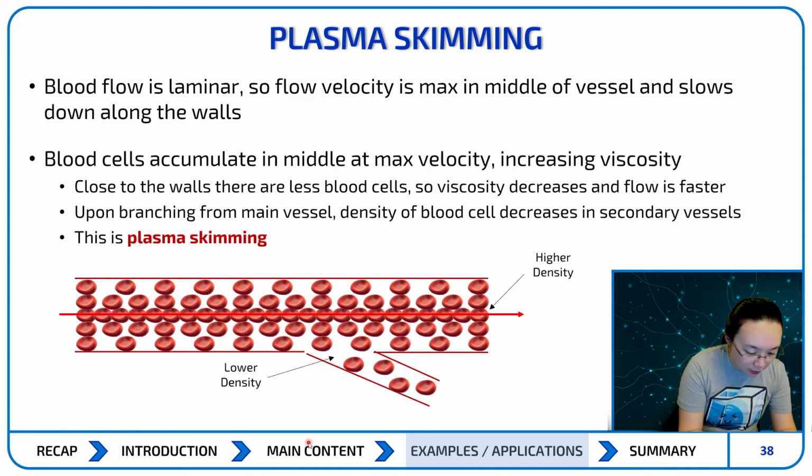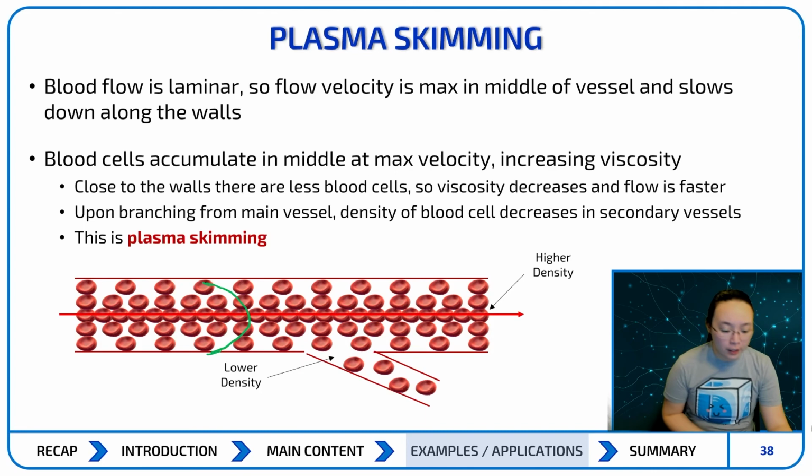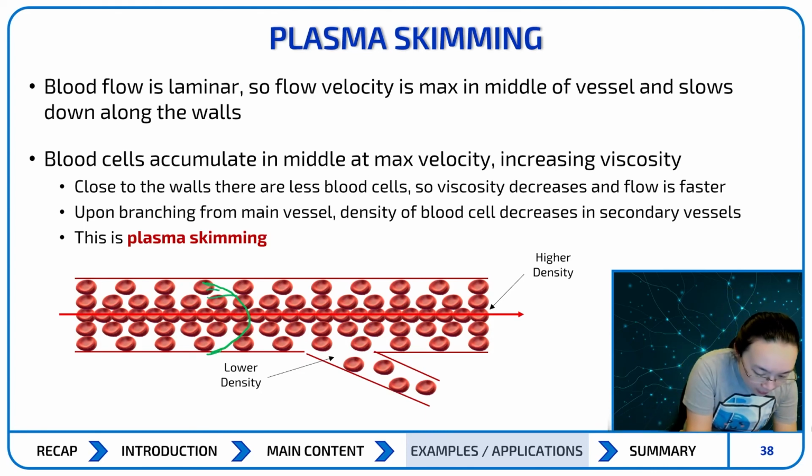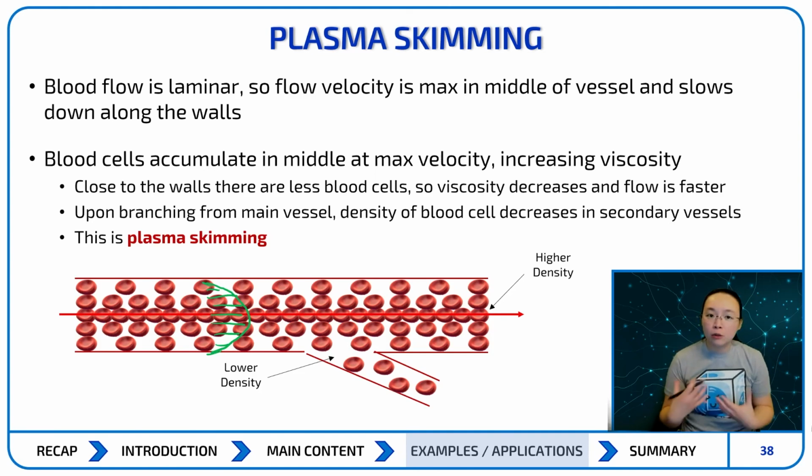So if I draw over here, do it in green, let's say we have a typical parabolic velocity profile over here, which means the speed of plasma in this case is going to be the greatest in the center, or at the central axis. Now, because of the greater amount of speed, one of the things about blood is that it isn't just made up of plasma, it's also made up of red blood cells and other things.